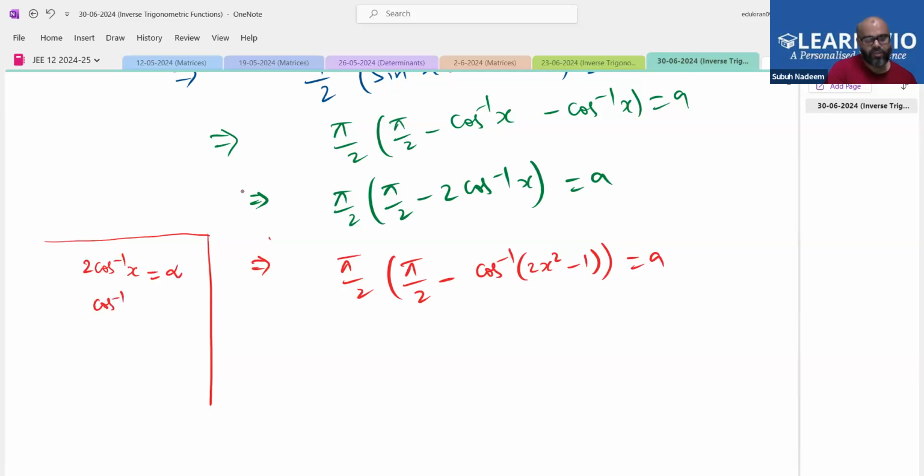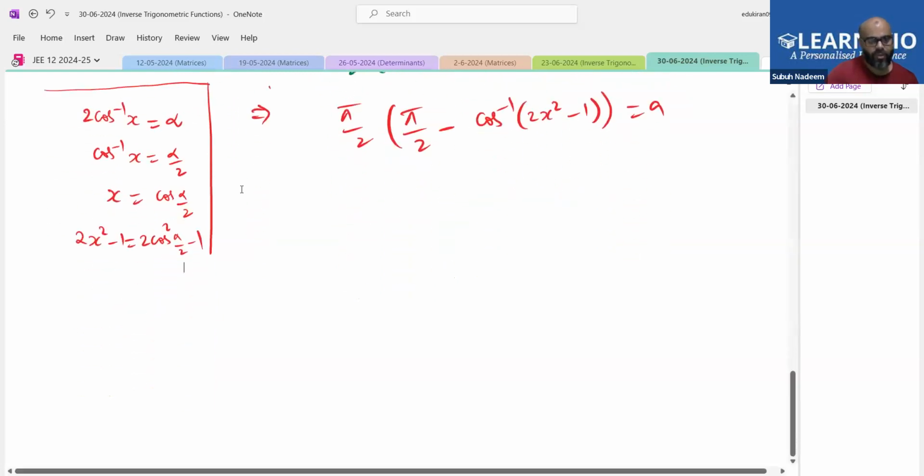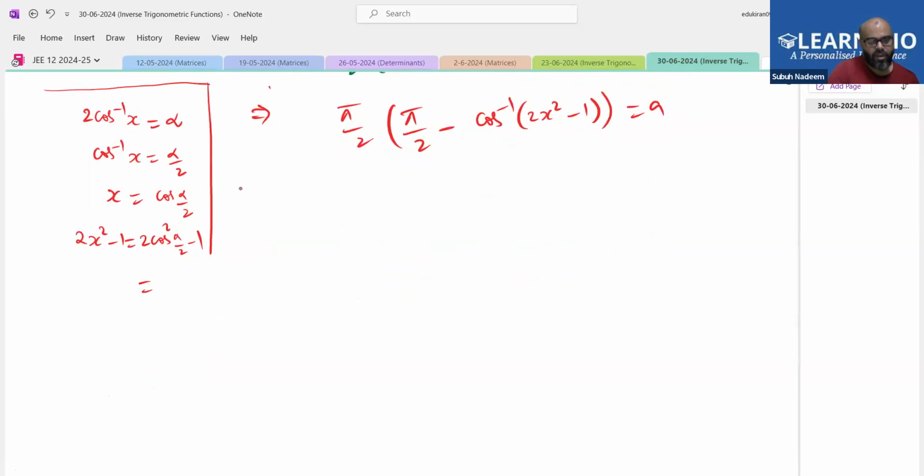So it means cos inverse x is equal to alpha by 2, which means x is equal to cos alpha by 2. Now, we can say that 2x square minus 1 will be 2 cos square alpha by 2 minus 1, which means cos alpha.